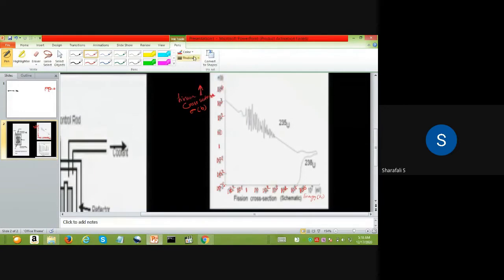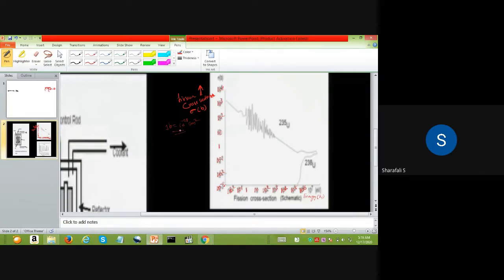In scattering cross section, we already discussed the barn, and one barn equals 10 raised to minus 28 centimeter square. That is the unit of cross section, which we discussed when we did the Rutherford scattering experiment.